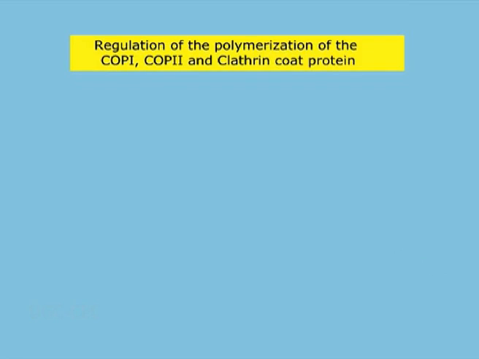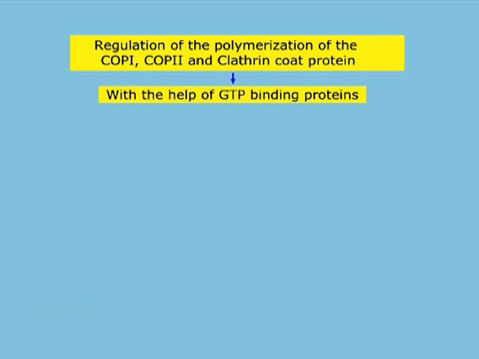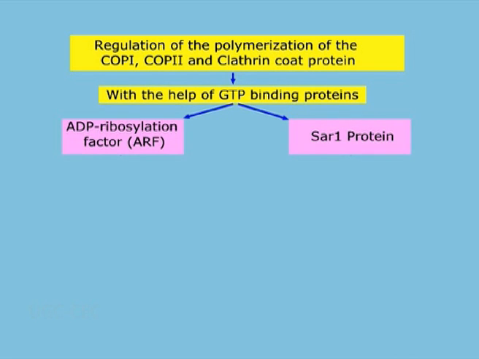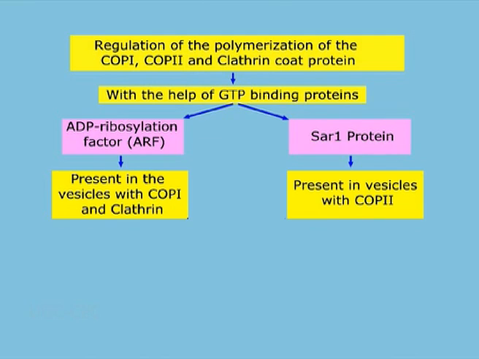The polymerization of COPI, COPII and Clathrin coat proteins is regulated by GTP binding proteins known as ADP ribosylation factor, which is called ARF, and SAR1. ARF is present in vesicles with COPI and Clathrin, while SAR1 is present in vesicles with COPII as coat proteins.